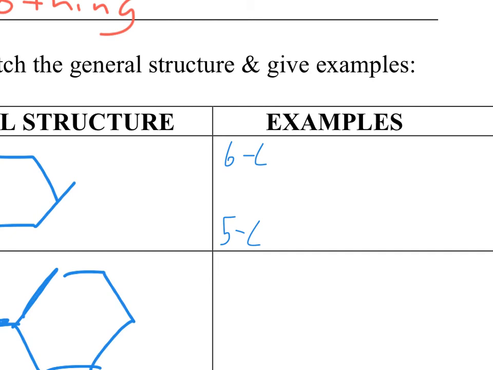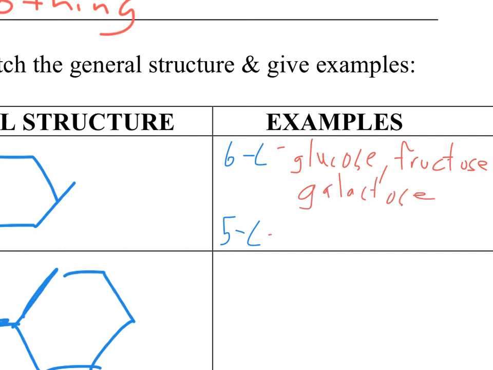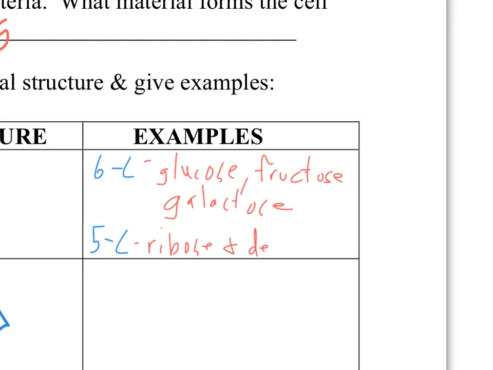Okay, so what are the six carbon sugars? What were the examples? Glucose. Look at Tyran go. He knows this. Glucose, fructose. Nope, not lactose. Galactose. All right, and then the five carbons were ribose and what? Deoxyribose.